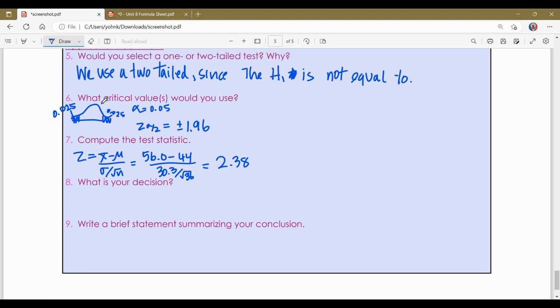So now we look back up here. Our cutoff value was 1.96. 2.38 is in the shaded region, so we are going to reject the null. So since 2.38 is in the critical region, we reject the null hypothesis.